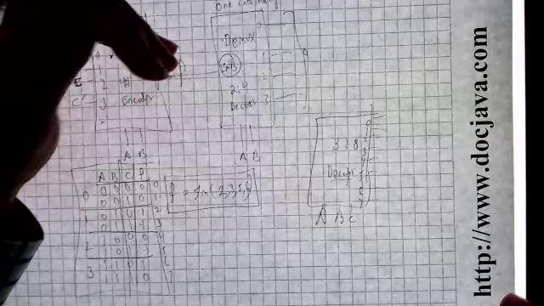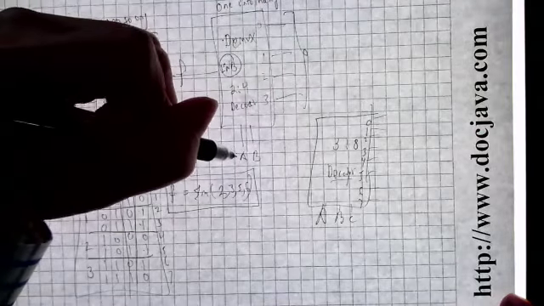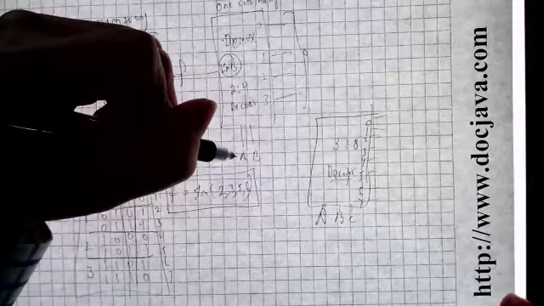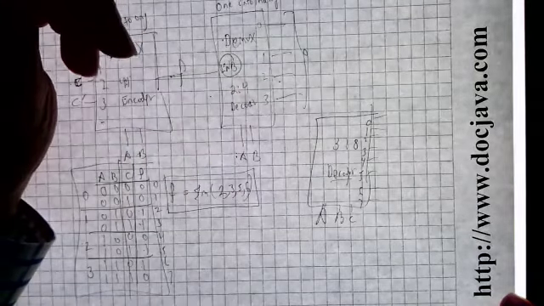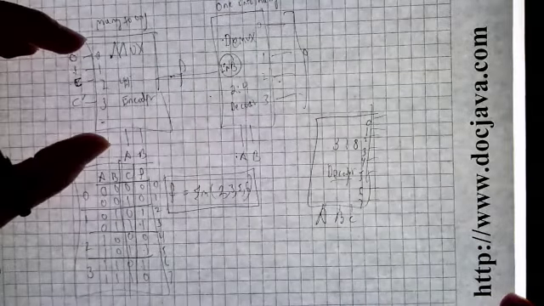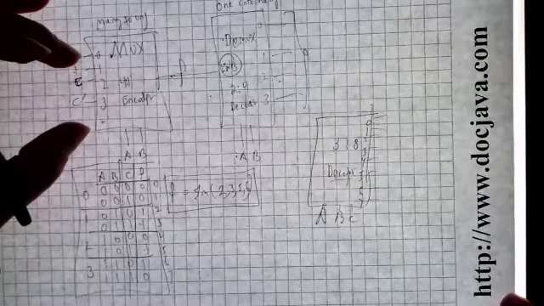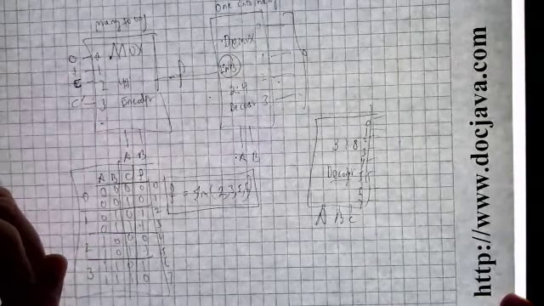A demultiplexer sends a single input to multiple outputs depending on the select lines. That's the exact opposite of what a multiplexer does, which takes multiple inputs with a single output depending on the select lines.